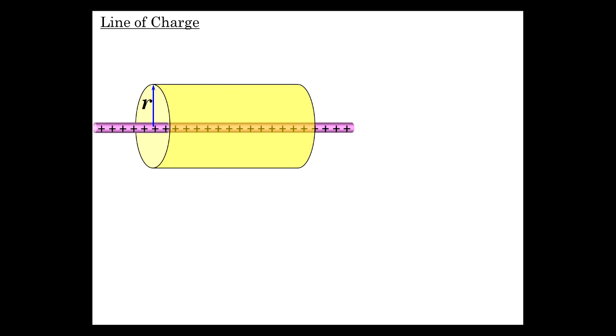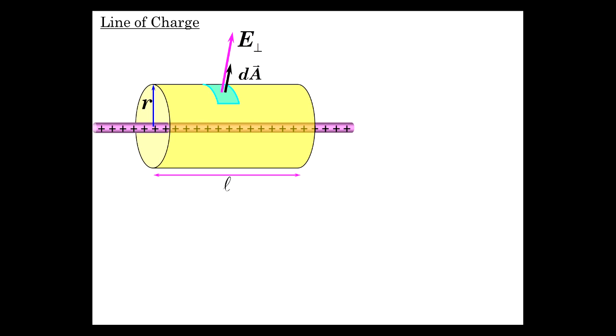Radius r to the Gaussian surface. So that's little r, it can be any value. The length of this we'll just call L. Now here's an area patch on the wall of the surface itself. So this is our differential area vector. And wonderfully, as you may already be recognizing, if the E field is in the same direction, that's marvelous, because then the dot product is just multiplying the two together.